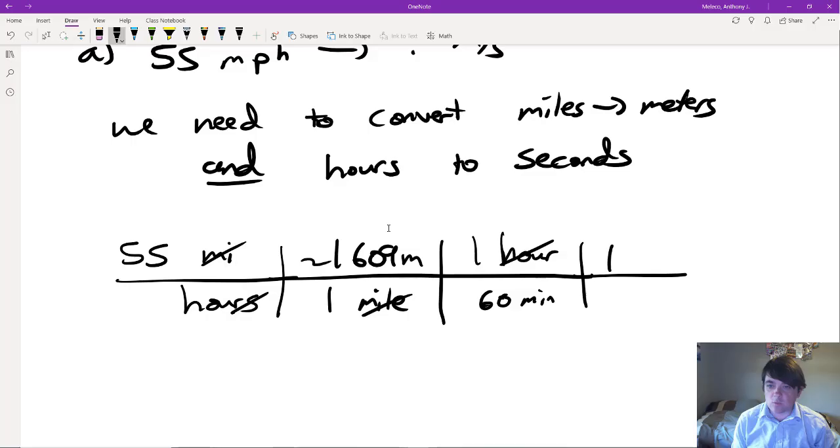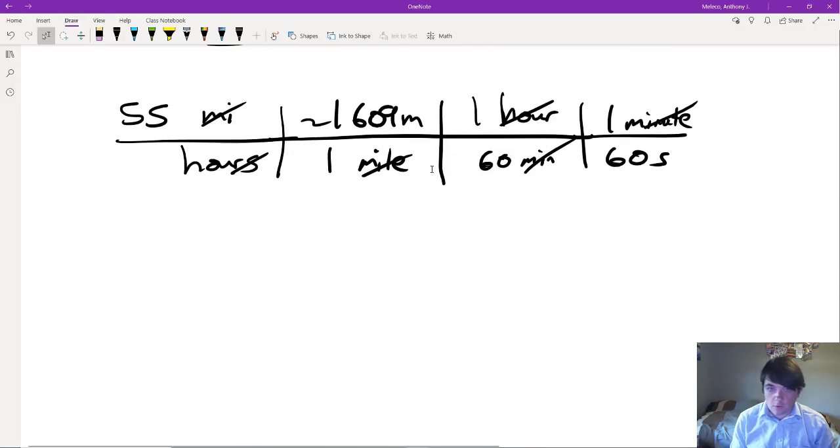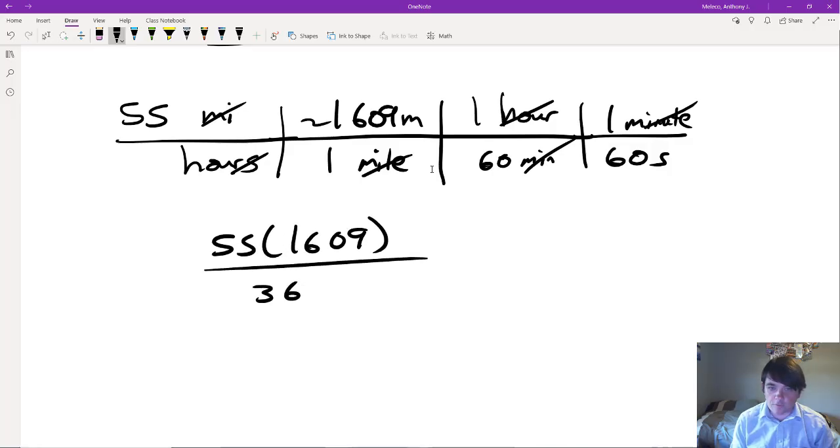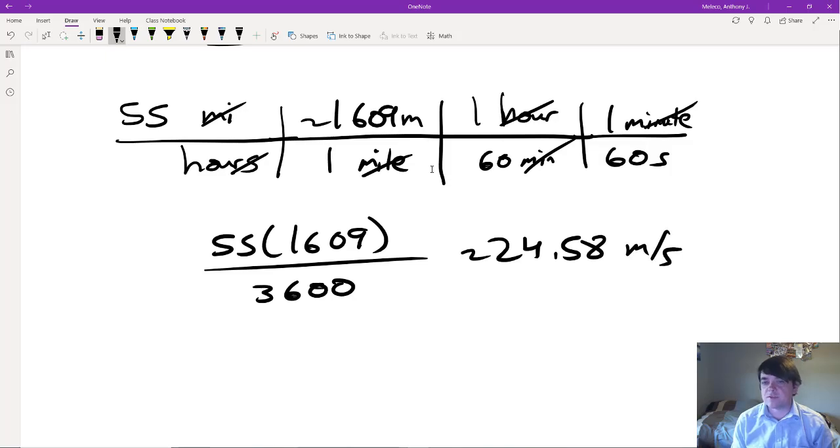And then in 1 minute, there are 60 seconds. Either way, because 60 times 60 is 3,600, you'll wind up with the same answer. So if we do 55 times 1609 over 3,600, this gives us roughly 24.58 meters per second.